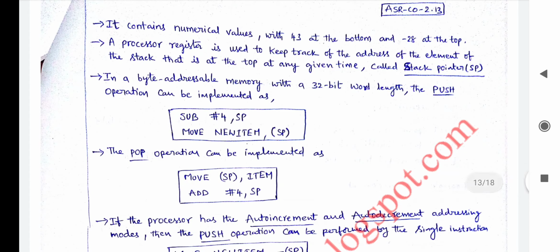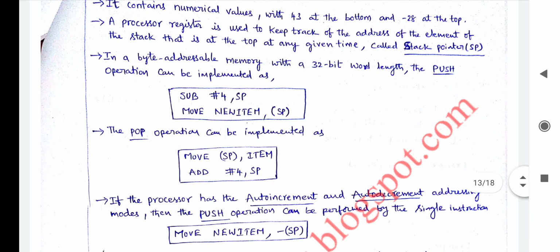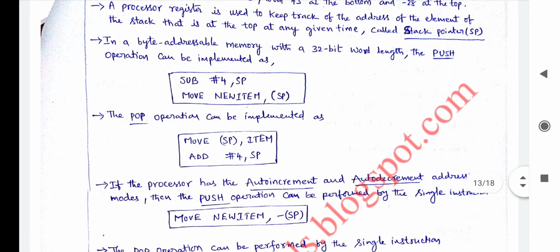In a byte-addressable memory with a 32-bit word length, the push operation can be implemented as follows. In a stack, if you want to push a 32-bit word, we have to use this operation: Subtract #4, SP. The stack pointer is subtracted with the 4-byte word. A 32-bit word means 4 bytes of 8 bits.